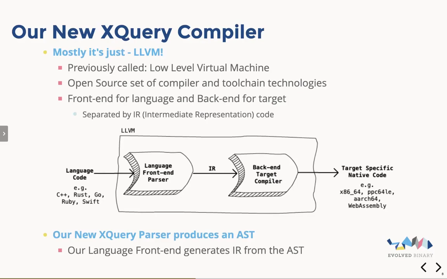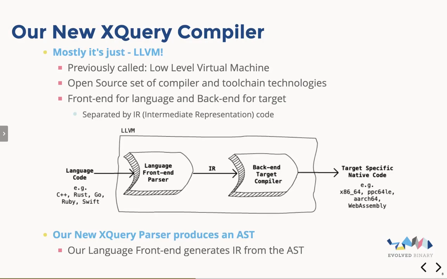Instead of writing our own compiler, we decided that we would use a well-worn, battle-tested system that's out there. There is a system called LLVM, and it came from the University of Illinois. It's open source under the Apache 2 license. And really, it's kind of a toolkit for building compilers. So it's almost like a compiler toolkit.